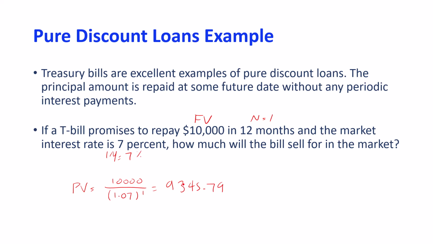So in other words, because the promised cash flow is $10,000, you are going to pay an amount lower than that. That's why we call them discount loans or pure discount loans. Or, in the calculator, you could just use N of 1, future value 10,000, I/Y is 7, and then solve for present value.